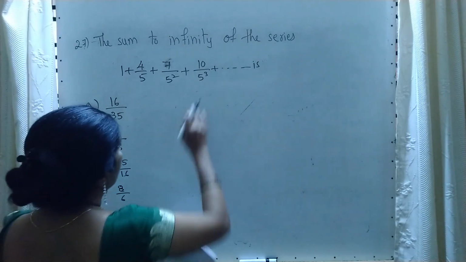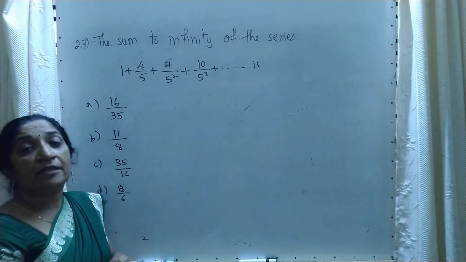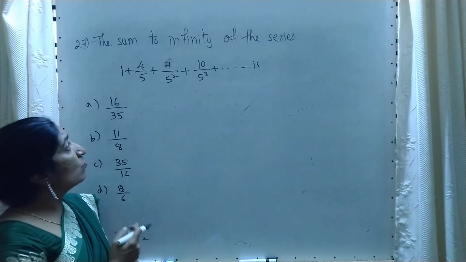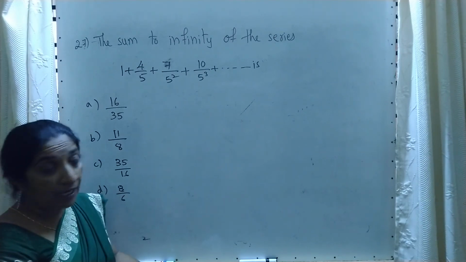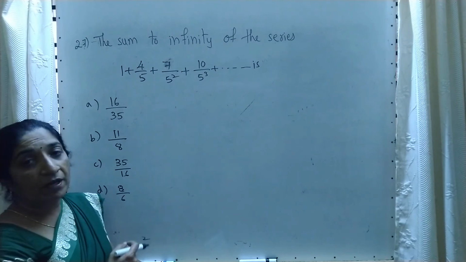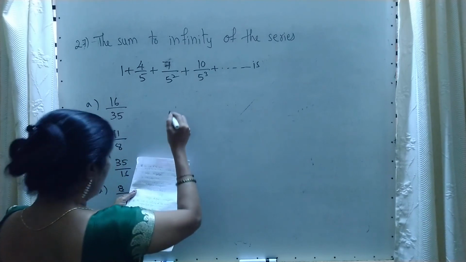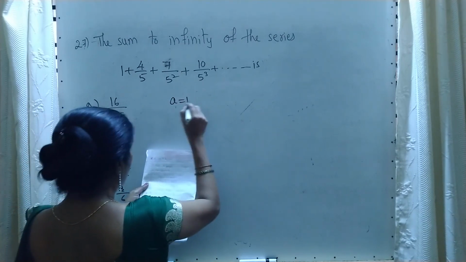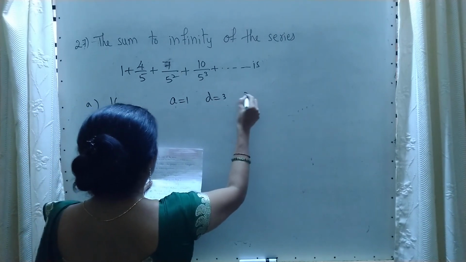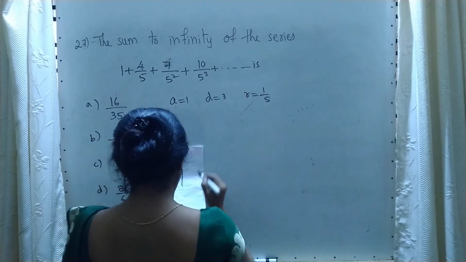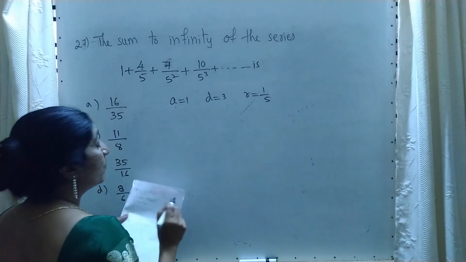See, by observing this only you can easily say whether it is an arithmetic or geometric series. 1, 4, 7, 10 they are in AP. 1/5, 1/5 square, 1/5 cube they are in GP. They are arithmetico-geometric series. Here a is 1, d is 3, r is 1/5. And we require sum up to infinity.